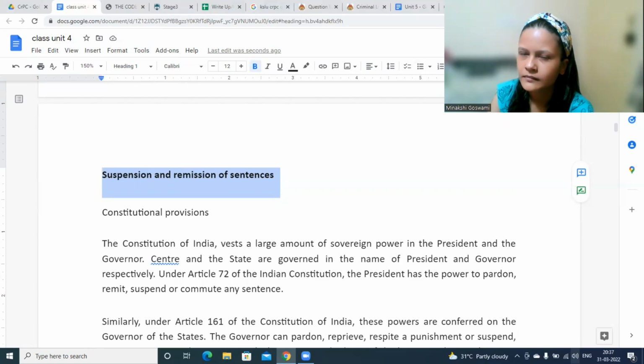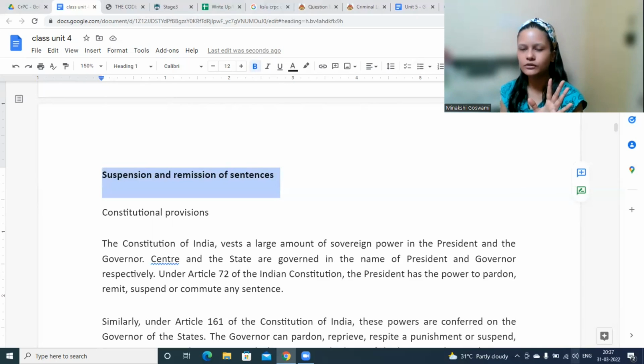It would usually be mentioned. Sometimes it might happen that the court says this person needs to undergo 5 years imprisonment, plus he should also pay 50,000 rupees fine. So 5 years imprisonment, anyways, he needs to go to jail, and plus he needs to pay 50,000 rupees.